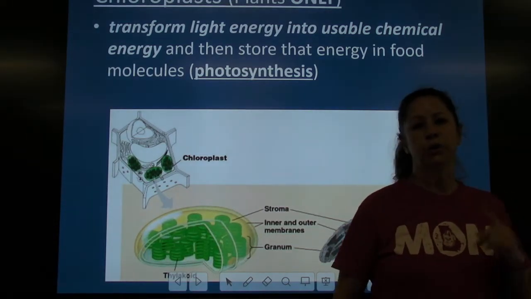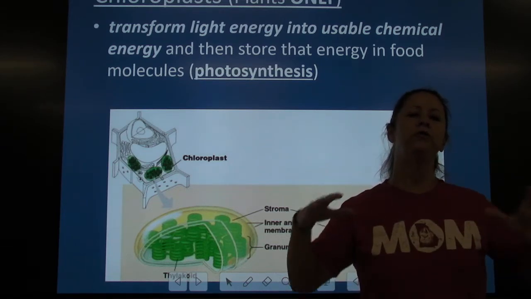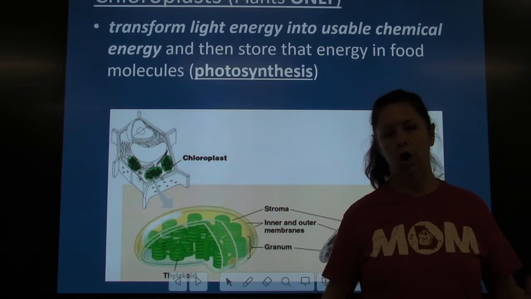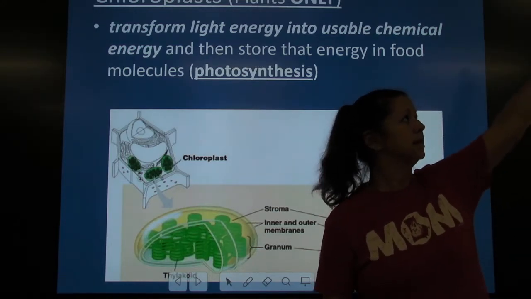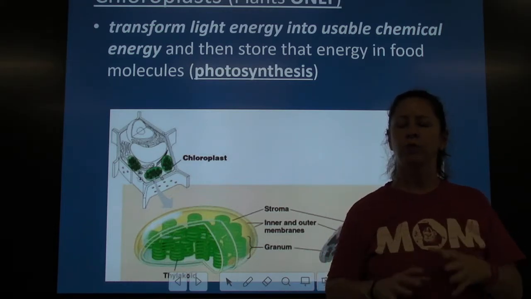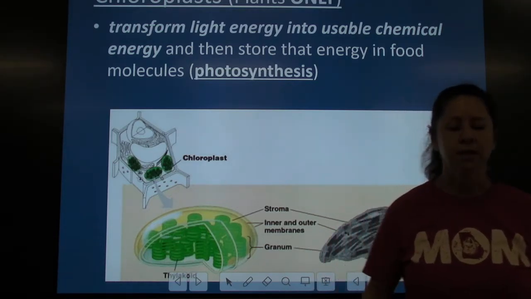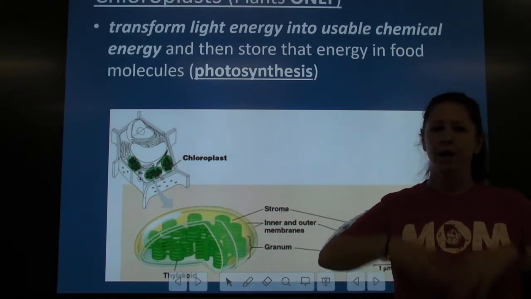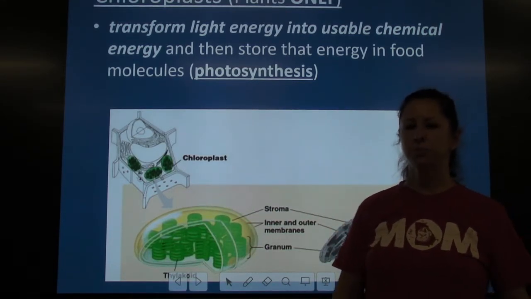These little organelles right here make all the food, so all the energy that's available on this planet. Sunlight comes down, hits the chloroplast. The chloroplast can take the energy that's in that sunlight and turn it into food that now can power every living thing on this planet.